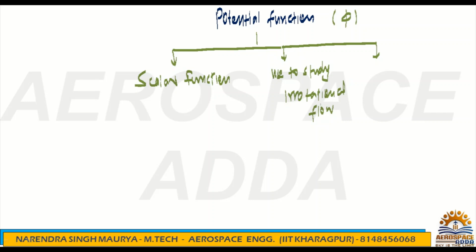Used to study irrotational flow, right? And very important, the difference between potential function and stream function is 3D flow. It is used to study 3D flow. Okay, it is used to study 3D flow.